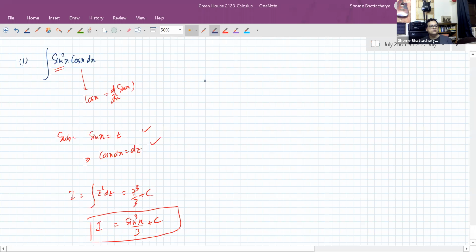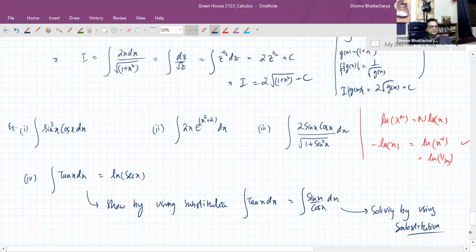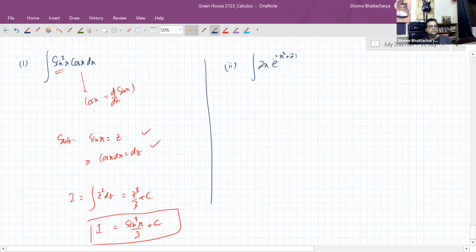That's the first one. Like that, the second one was 2x into e raised to the power x square plus 2, remember, the 5 cube. Again, you notice that if you take this as g(x), then g prime x, which is 2x, is present here.